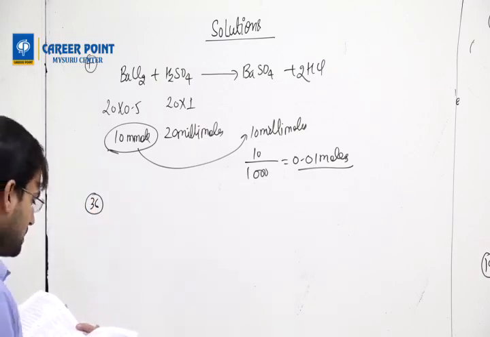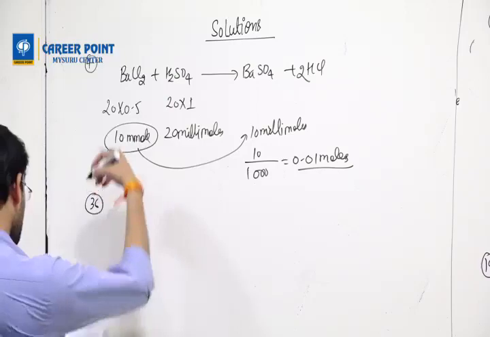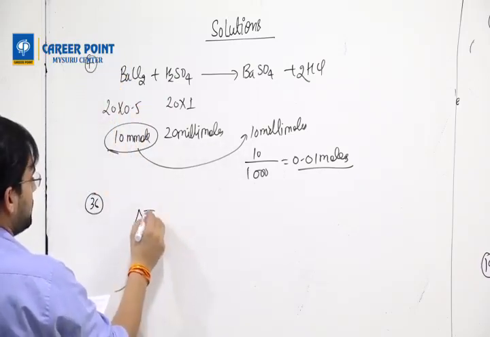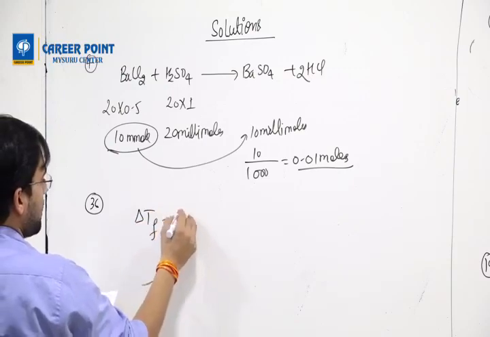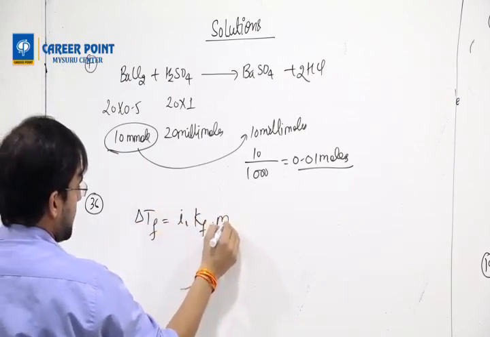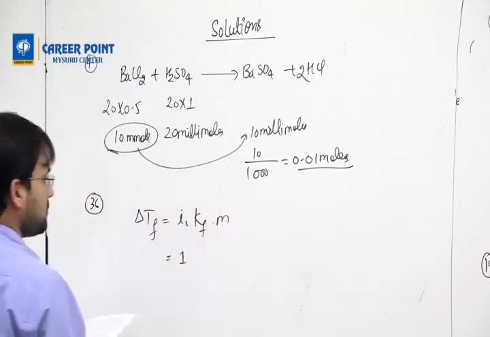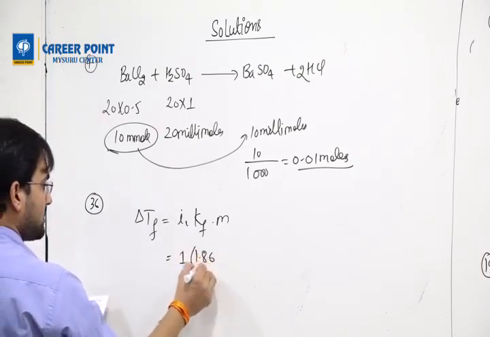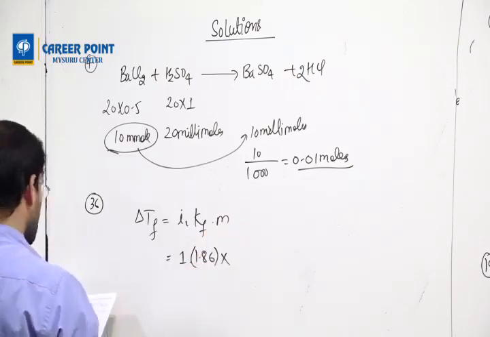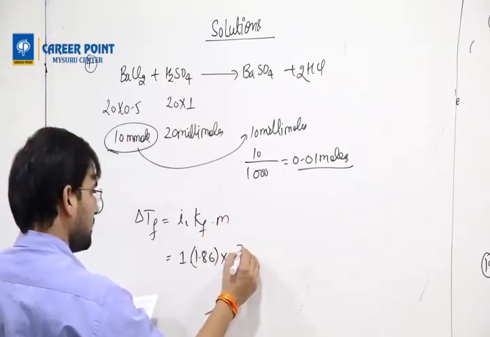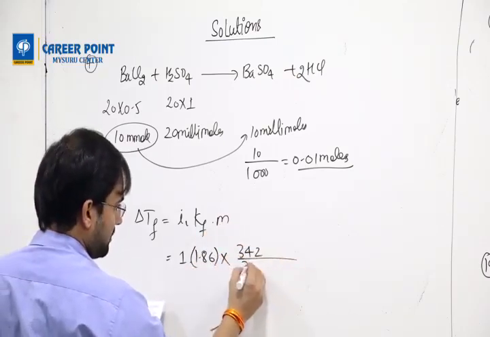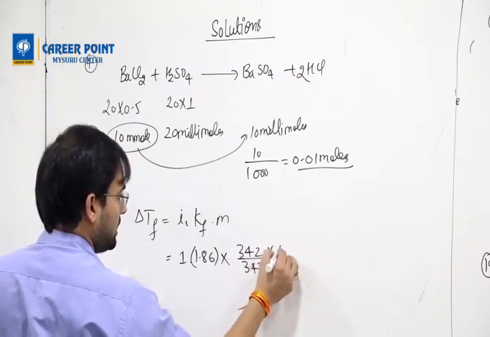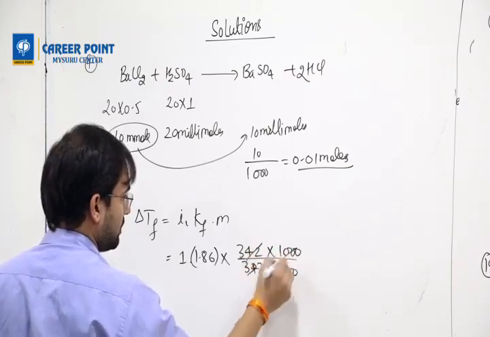The molar freezing constant of water is this. 342 gram of cane sugar is dissolved in 1000 gram of water, it will freeze at? So first you need to find delta Tf. i dot Kf dot m. Sugar, so i is 1. Kf is given, 1.86 into molality. Molality is 342 by 342 into 1000 by 1000, that is 1.